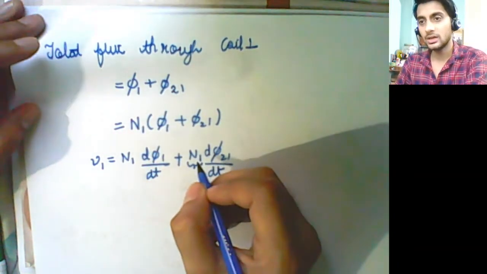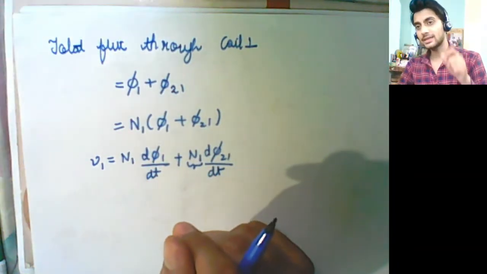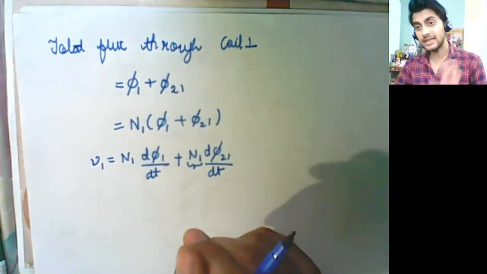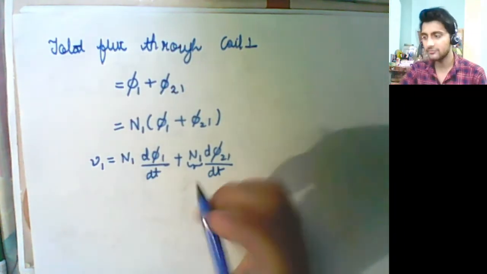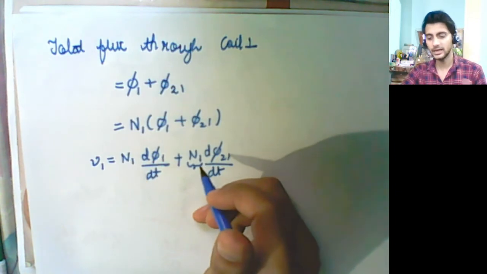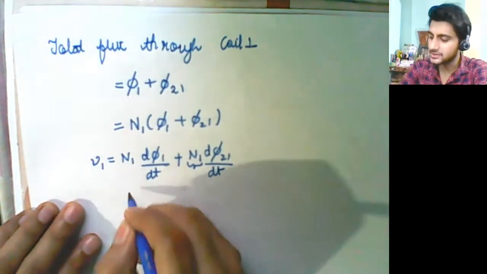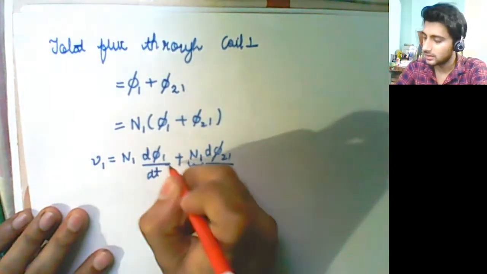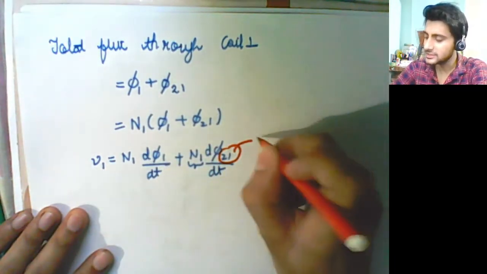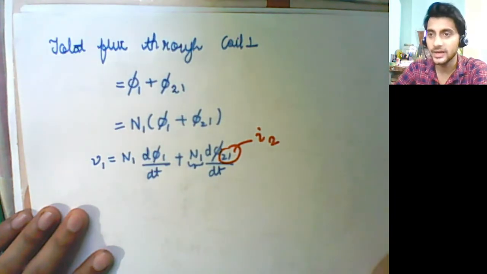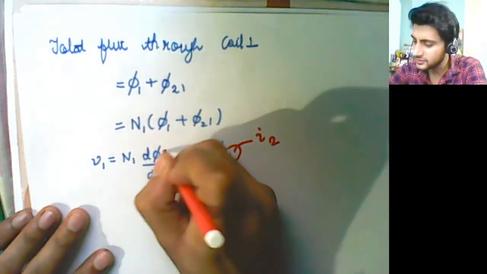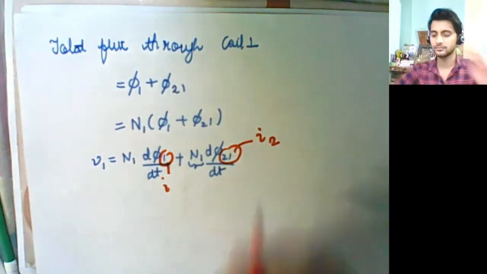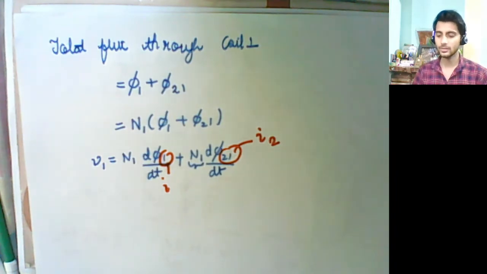Because although the field lines are there because of I2, they are cutting your coil 1. Therefore, we need to consider N1 and not N2. This phi 21 is because of I2, and this phi 1 is because of I1.